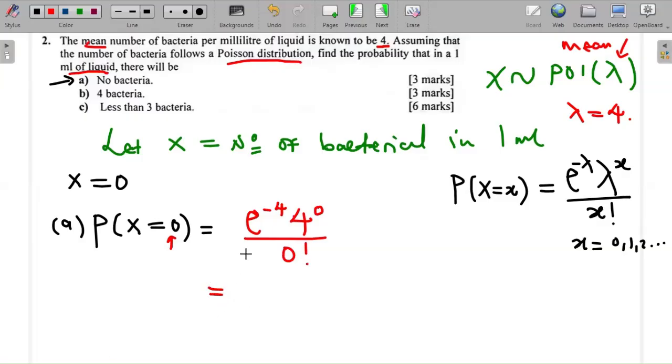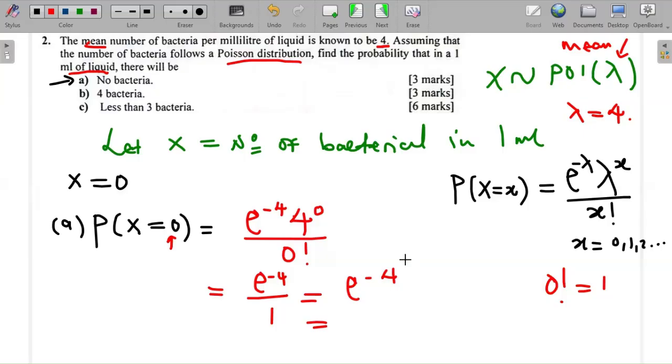4 to the power 0 is 1, and 1 multiplied by this gives the same thing. And 0 factorial is equal to 1. If you don't know it, you can just punch it on your calculator. So this is divided by 1, and I'm just going to get e to the power minus 4. If you don't have a calculator, just leave it there. But if you have a calculator, you can find the value of this.